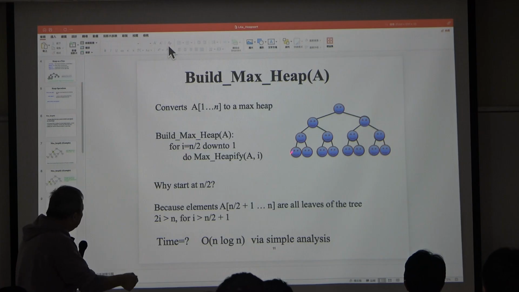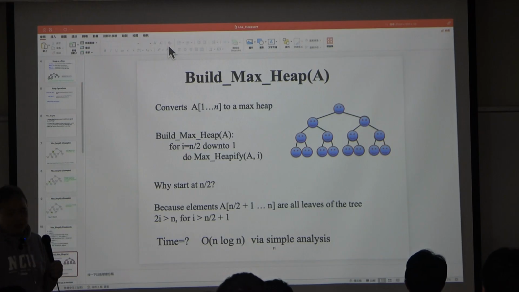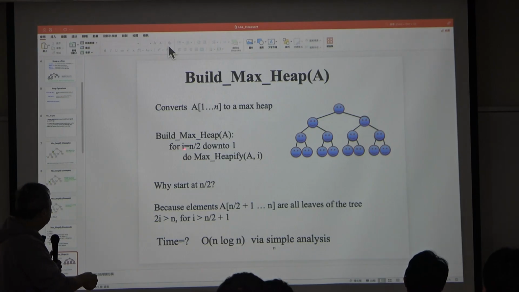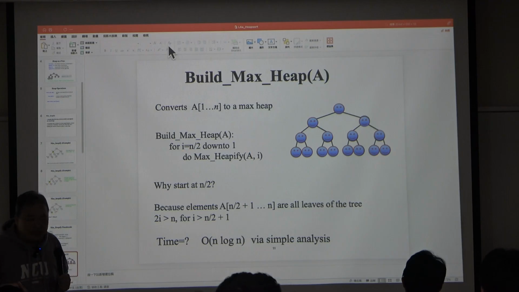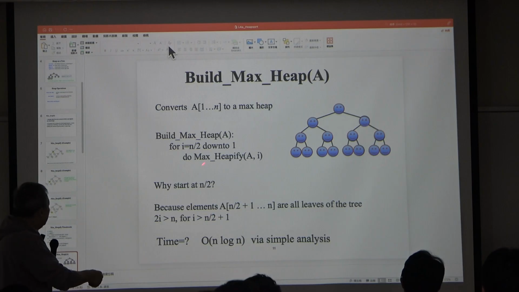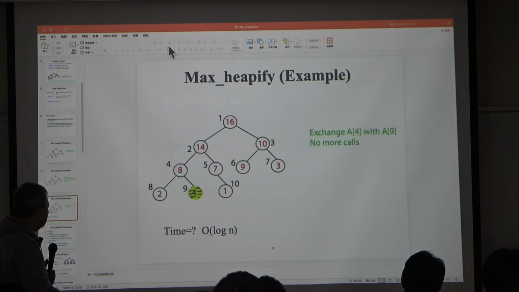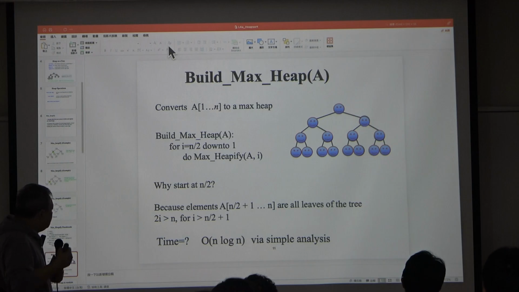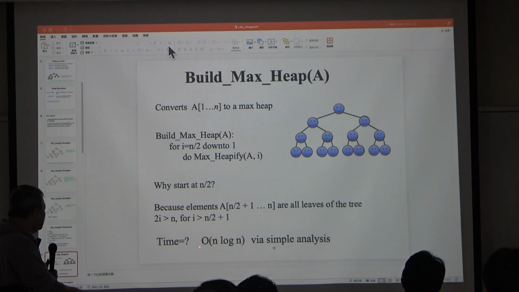If you look at this for loop, you would have thought, because we run this loop roughly n divided by 2 times, and the max heapify, as I said in the previous slide, is log n, so a simple analysis will tell you the time complexity is big O n log n.